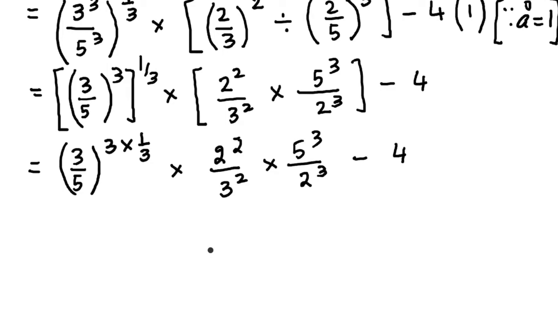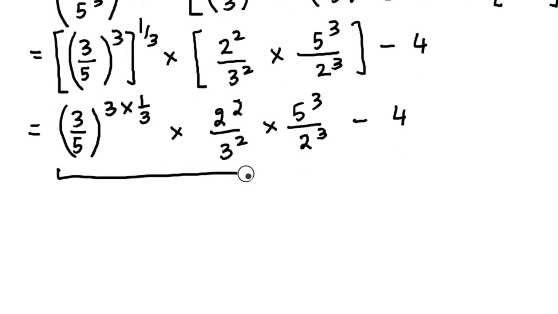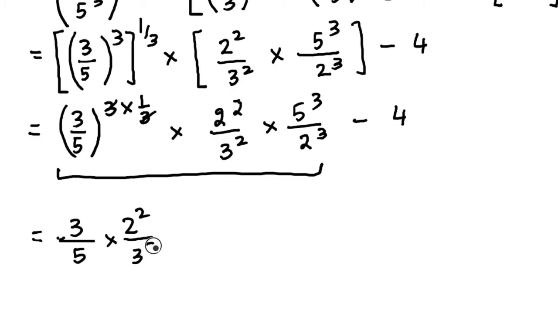But I want to complete this part together. So I will say equal to 3 to the power 1/5 into 2 square upon 3 square into 5 cube upon 2 cube minus 4.